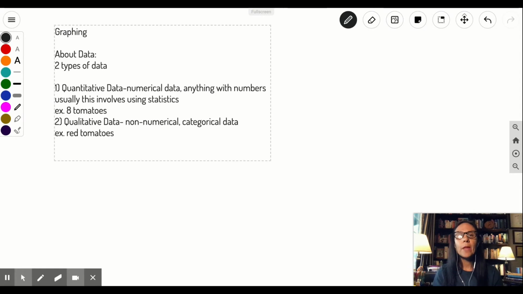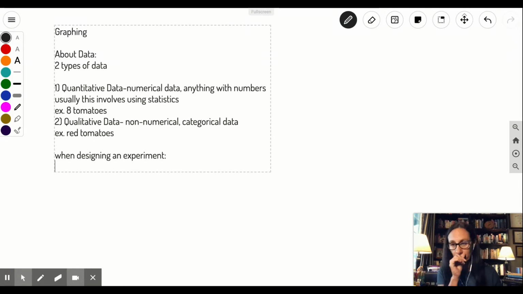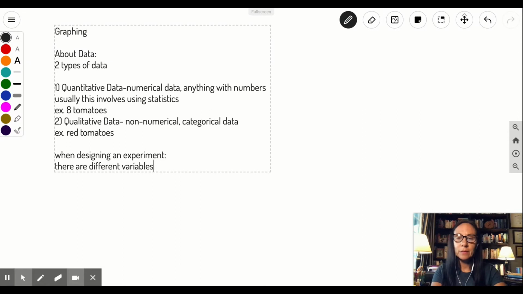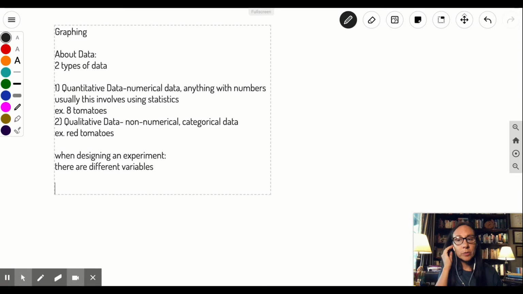And then also when you are designing an experiment, you have to include what variables you're going to have in your experiment. So there are different variables. And I'm going to go over 3 different variables.